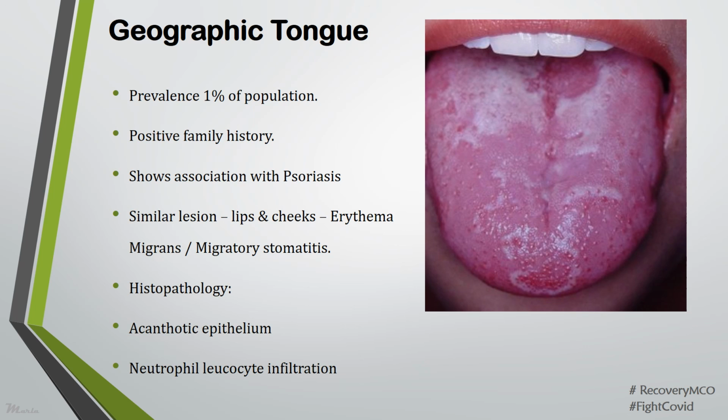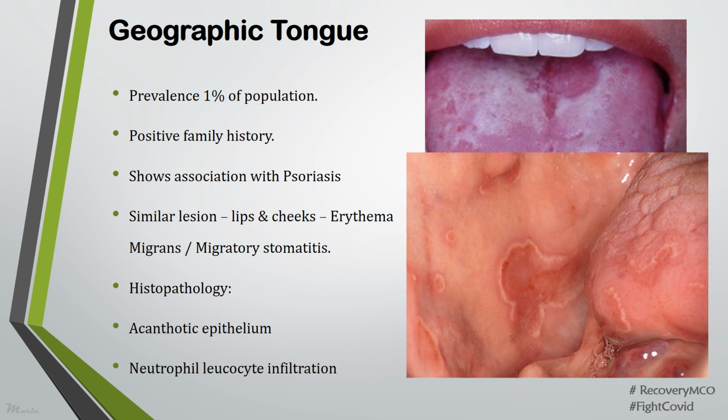Because of the similarity in features to that of the tongue, the term erythema migrans or migratory stomatitis is used. So here also a lesion will be there, which is erythematous in nature and surrounded by a thin white line. Once it heals, it would form in a new area.